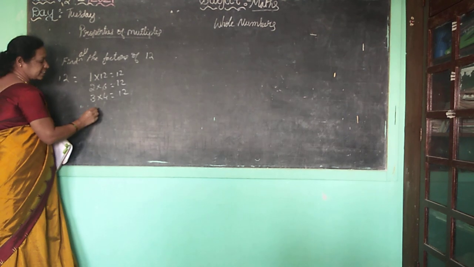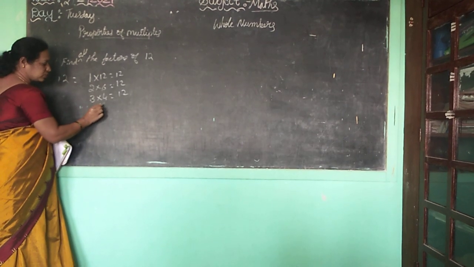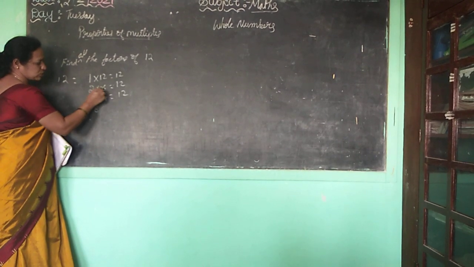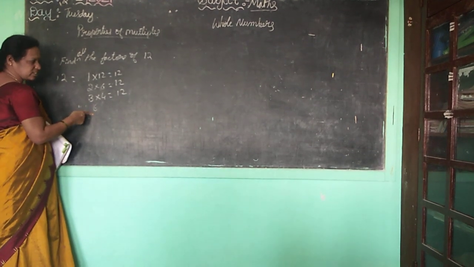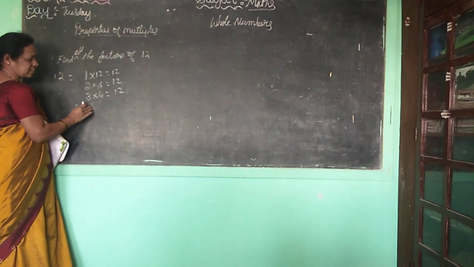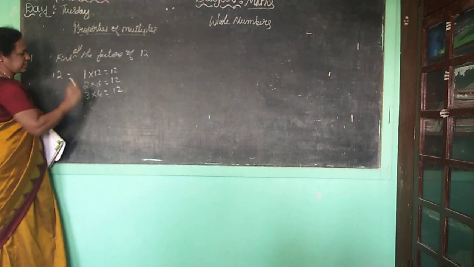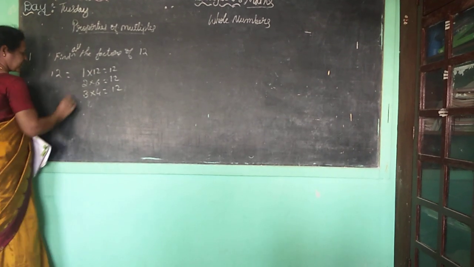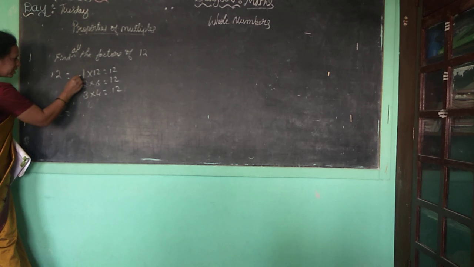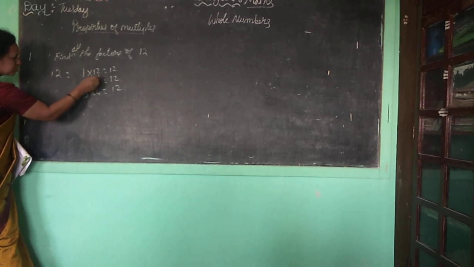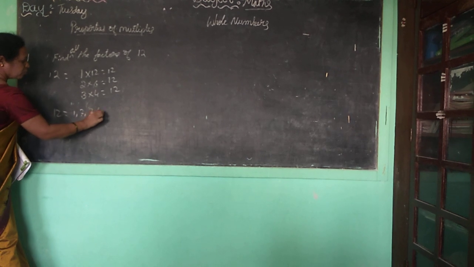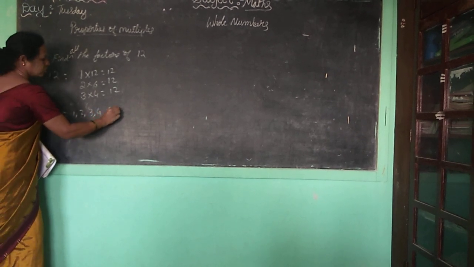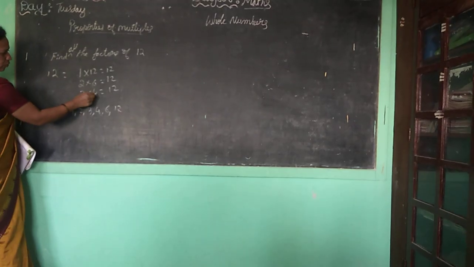No. Next I will take 6. 2 sixes are here only. 2 sixes are 12, 6 twos are 12. Next 7, 8, 9, 10, 11, 12 is there. So the factors of 12 are what, children? All the factors of 12 are 1, 2, 3, 4, 6, 12.